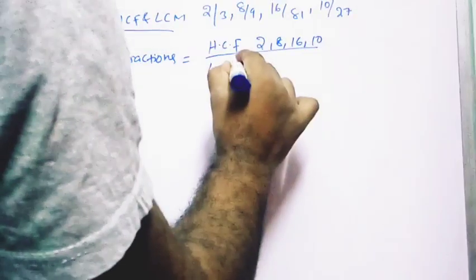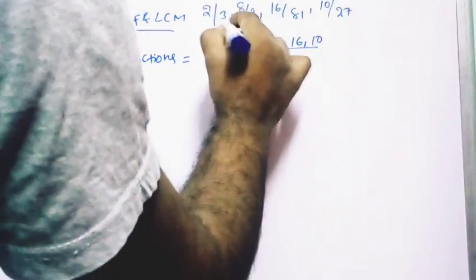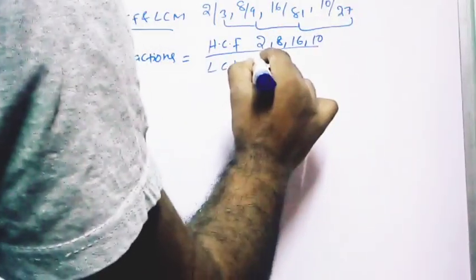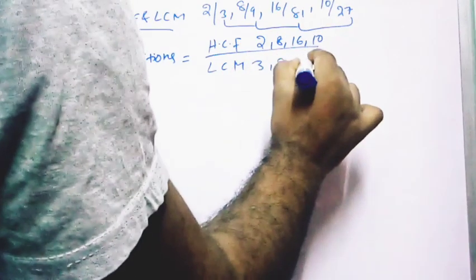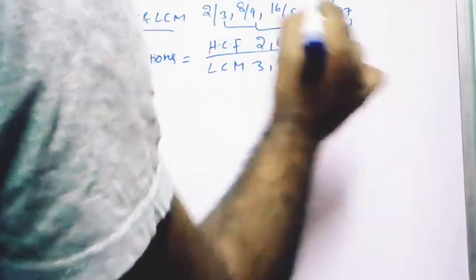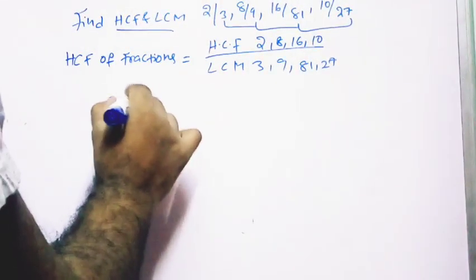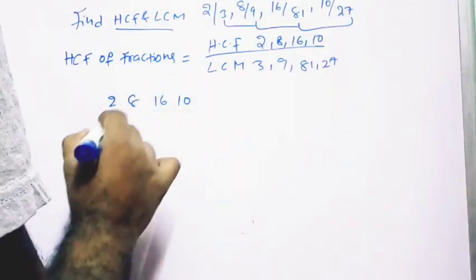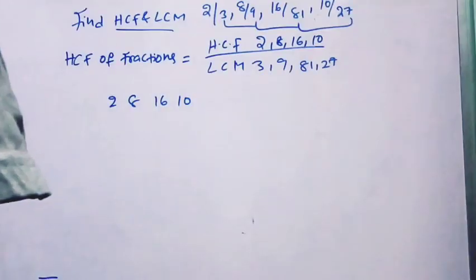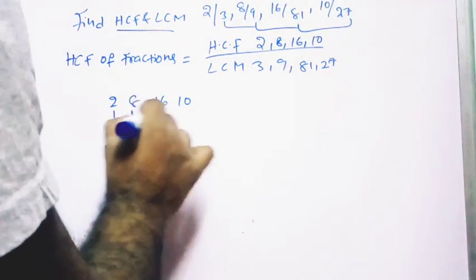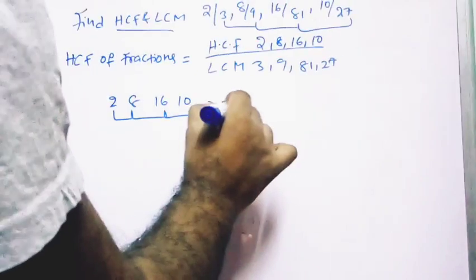The denominators are 3, 9, 81 and 27. So what is the HCF of 2, 8, 16 and 10? The highest common factor is 2.